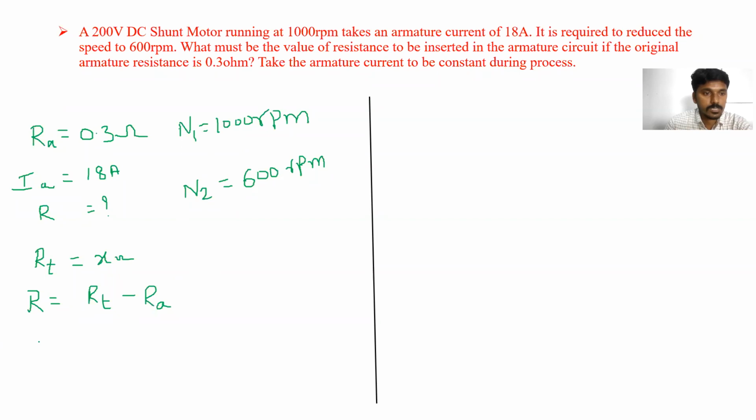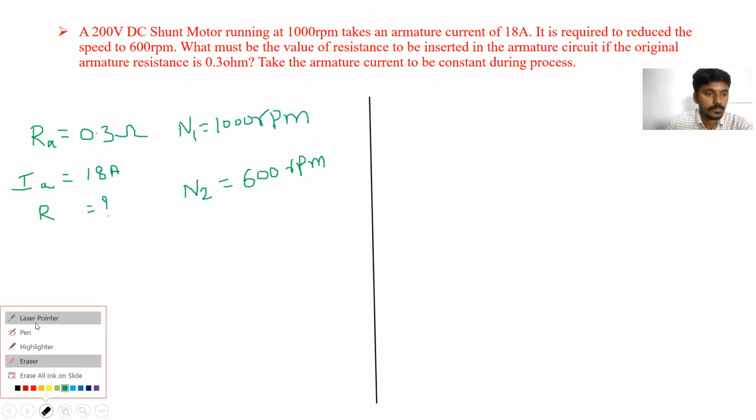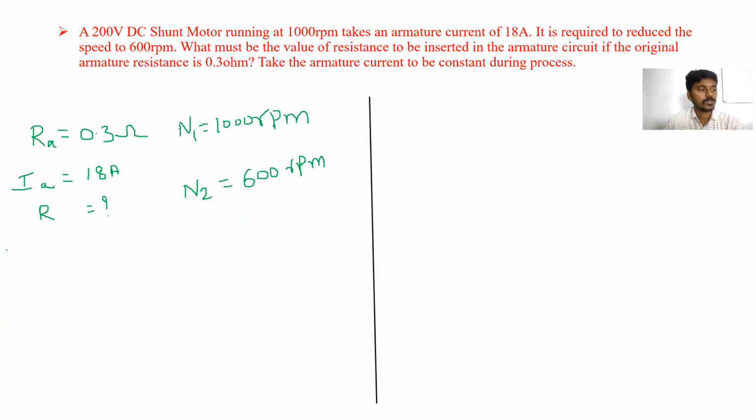So how can we find this out? What is the formula of back EMF? Eb is equal to V minus Ia Ra.